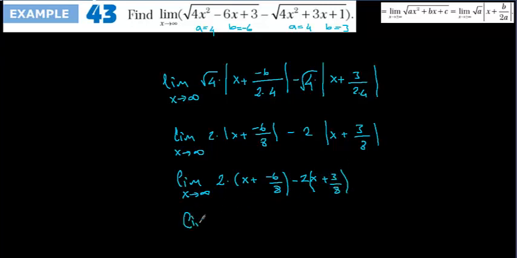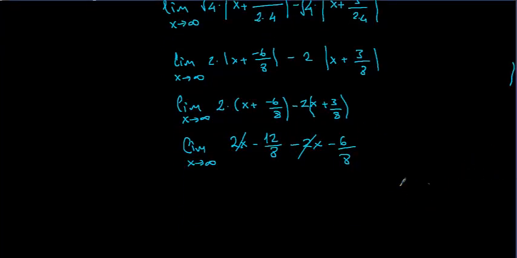Then this is equal to the limit as x tends to infinity of 2x plus minus 12 over 8, where we multiply the numerator, you know that one, and minus 2x minus 6 over 8. When you simplify, we have the limit as x tends to infinity of minus 12 over 8 and minus 6 over 8, and this is equal to minus 18 over 8.